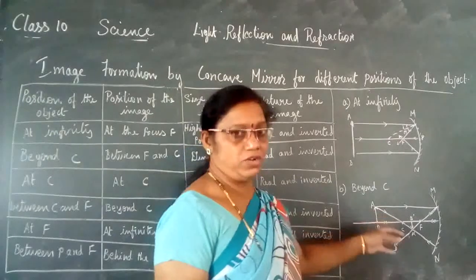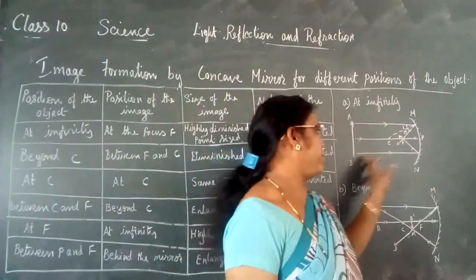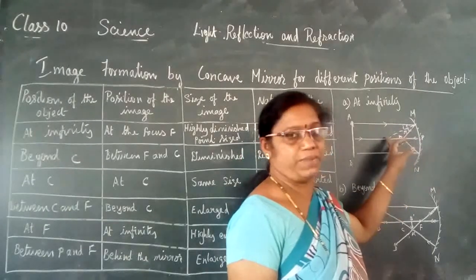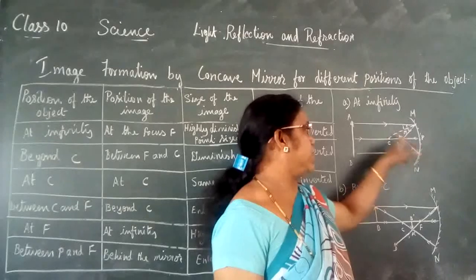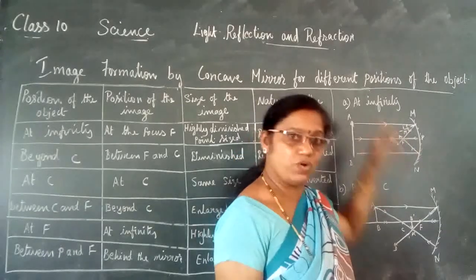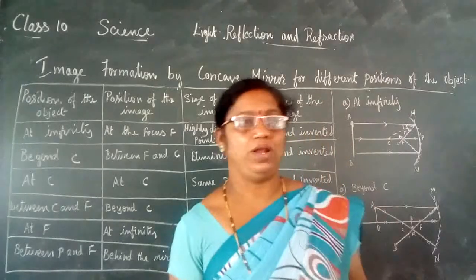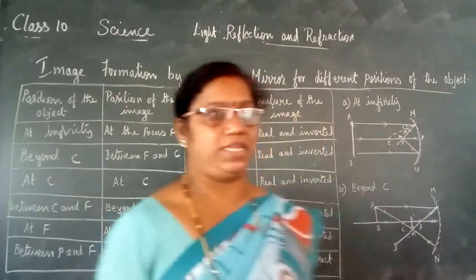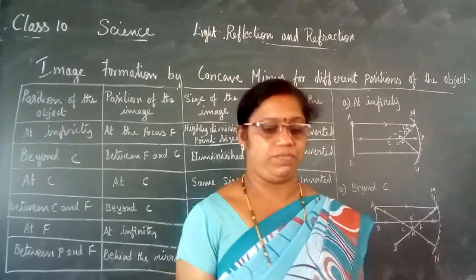And according to rule 3, if a ray is traveling parallel to the principal axis, after reflection it passes through the principal focus. And the fourth rule, only if it is necessary, in certain cases we use.